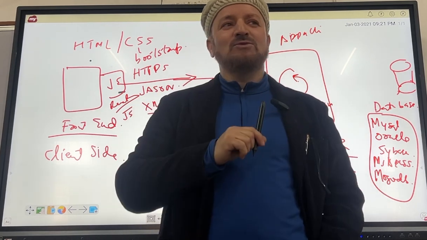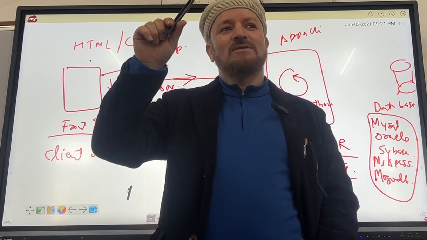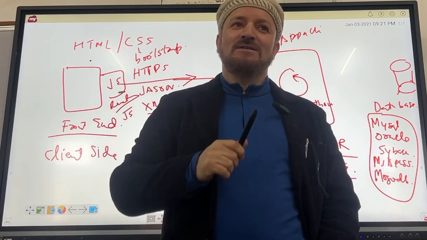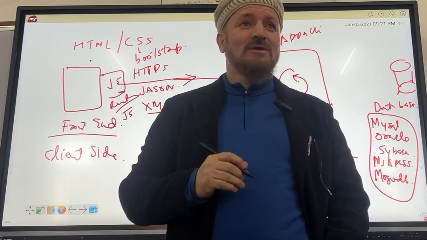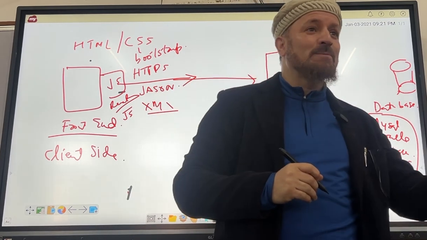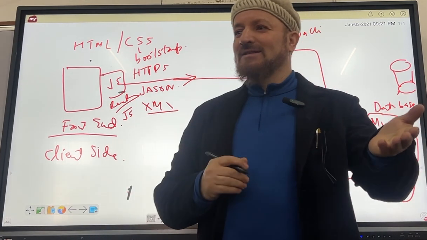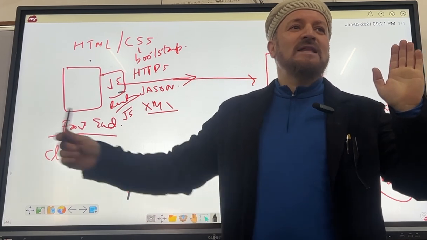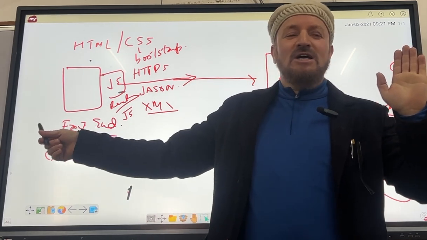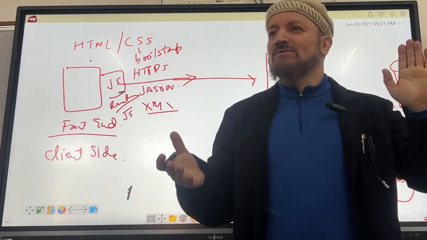If you have to make a house, where do you go first? Architect. You go to the architect. He will give you the piece of paper. What is that piece of paper? The design. That is the web design. It's not done using any programming language. That is done using the Photoshop, the Illustrator, the design softwares.